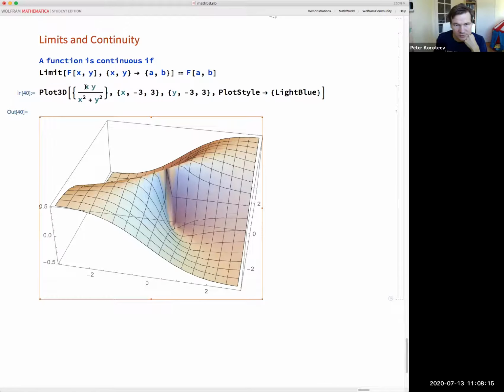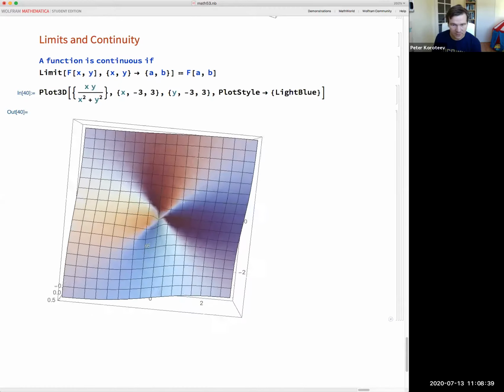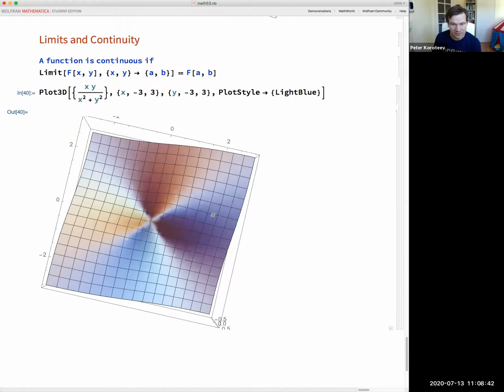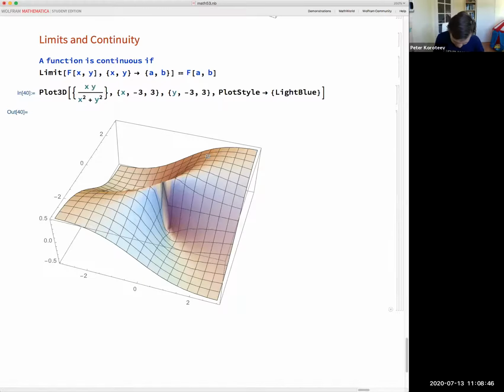As you approach, see here, when x is equal to y, then we have x squared in the numerator and 2x squared in the denominator. So this way the fraction becomes a constant. And that's why, if you look at this from the top, you can see the line here, when x is equal to y.